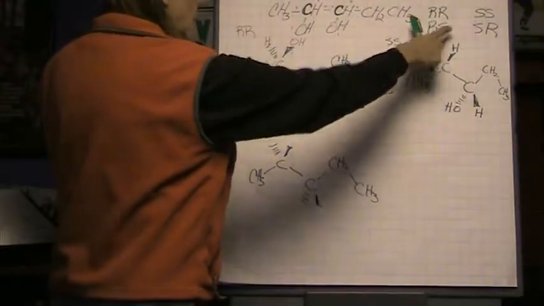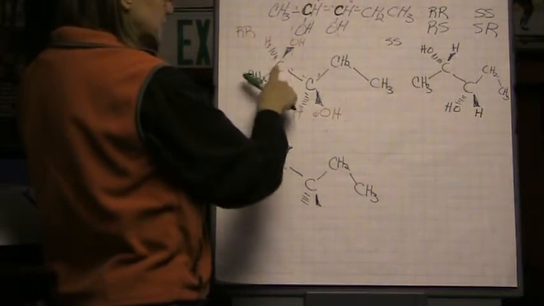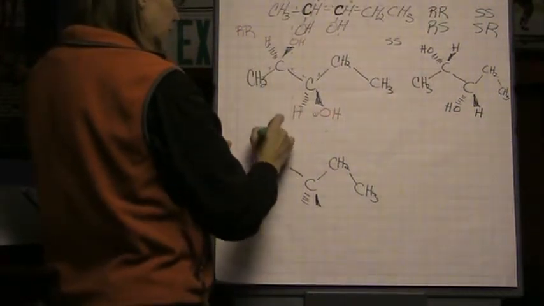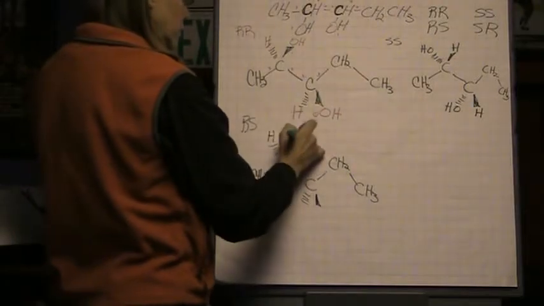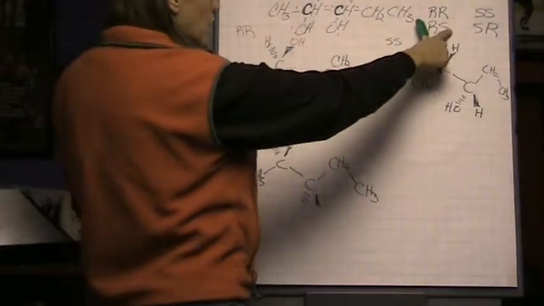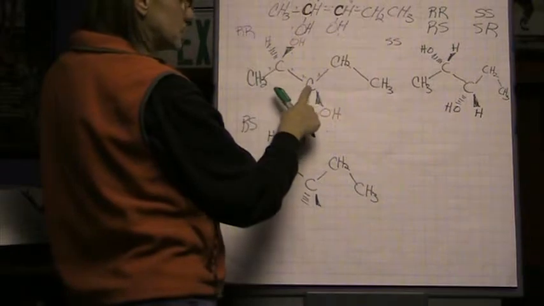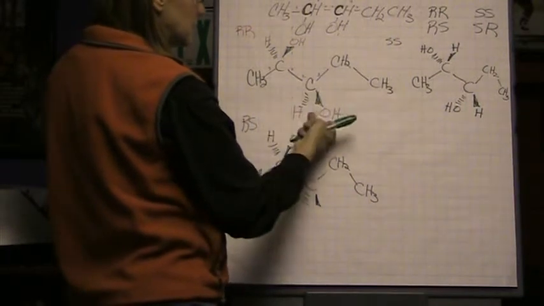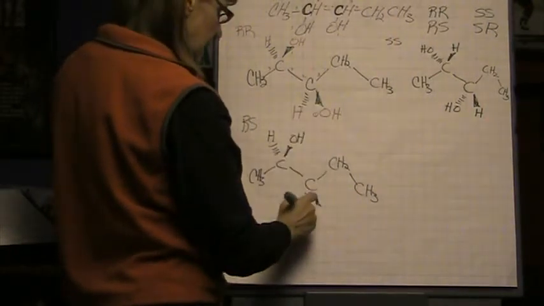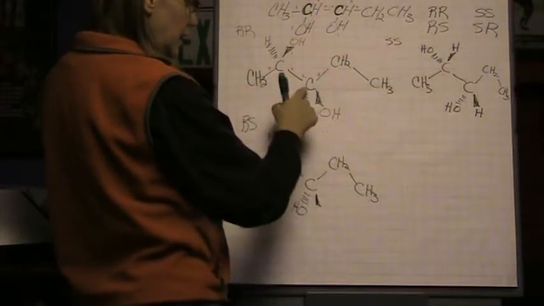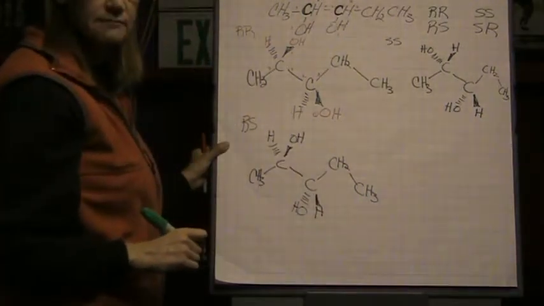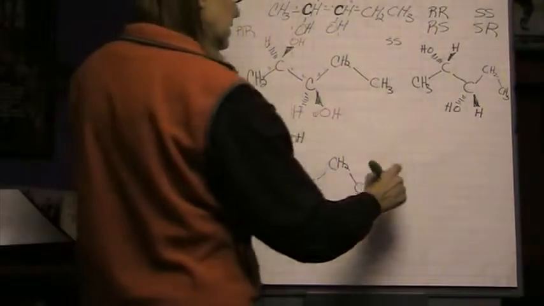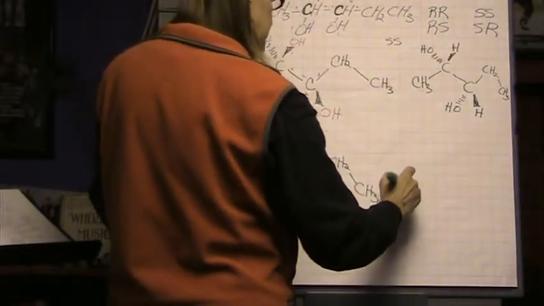I'm drawing RS and this is RR, which means this is R, and I want it to be R here. So keep it the same. But I'm drawing RS and this is RR, so this is R, and I want it to be S. So OH from the wedge to the dash, H from the dash to the wedge. And now I have RS. One more to go, right? Because this is not a meso in this case.